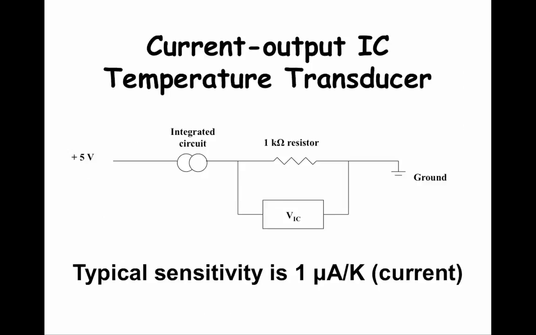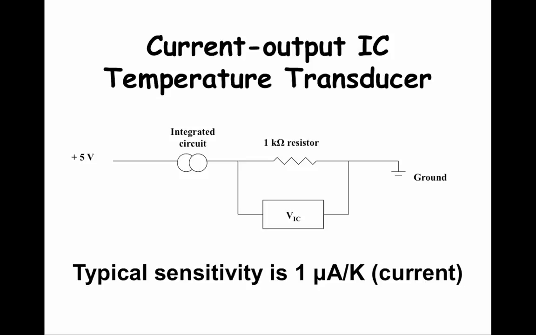This slide shows how the current output integrated circuit needs to be wired to be able to measure the voltage change with the PDAC55. A current output integrated circuit adjusts the current flow as a function of temperature. If the sensitivity is 1 microampere per degree Kelvin, we would expect the sensor to send out 300 microamperes of current when the temperature is 300 degrees Kelvin.